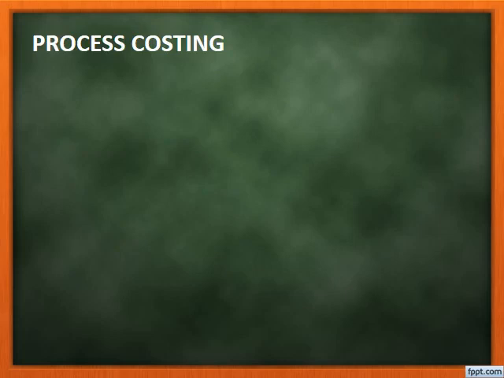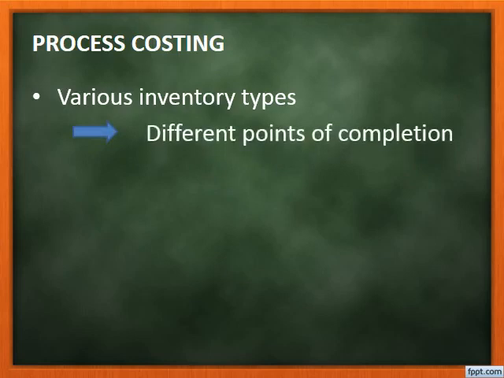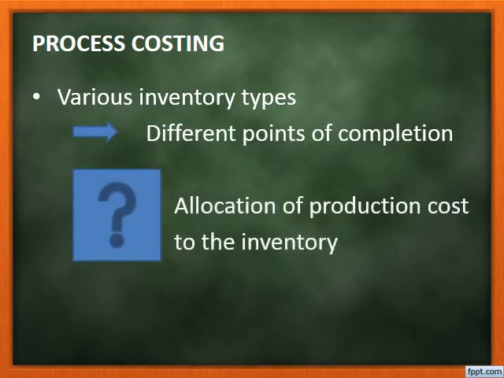An organization that makes use of process costing system will at any given point in time have various inventory types at different points of completion. The challenge is therefore how and how much of the total production cost should be allocated to these inventory items.